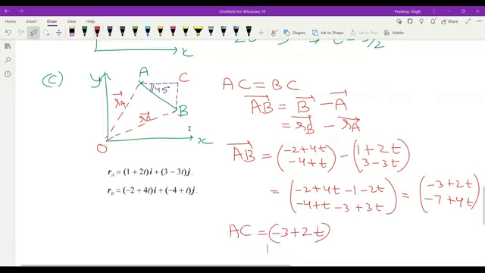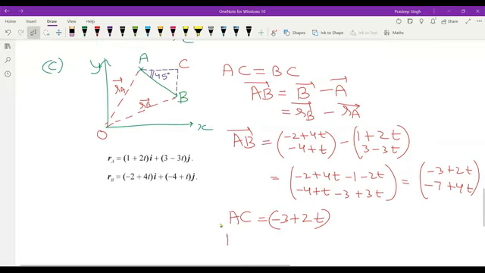But the important point to note here is the y component, which we found as minus 7 plus 4t. That is from C to B, which means it is going in the negative y direction. So to identify BC, we'll have to put a minus sign to express the fact that it is going towards the negative y-axis. So we'll get minus of minus 7 plus 4t. Simplifying this, we'll get 7 minus 4t.